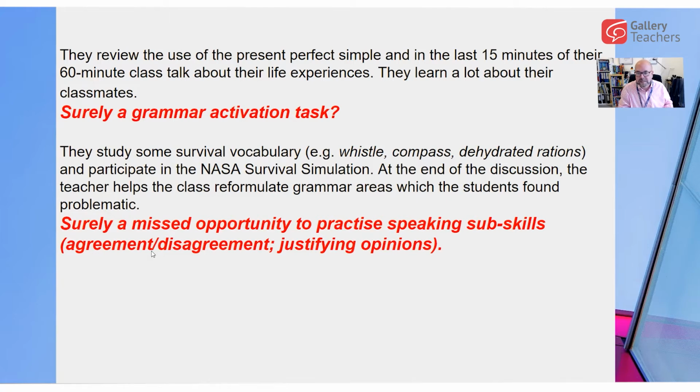In other words, how successful were they in talking about agreement, disagreement, and justifying opinions? There's nothing wrong with the reformulation of grammar, but this, I think, should be a secondary aim, and the reformulation at the end really needs to focus on the speaking aspects of what they did.